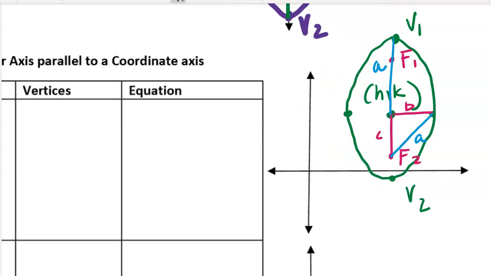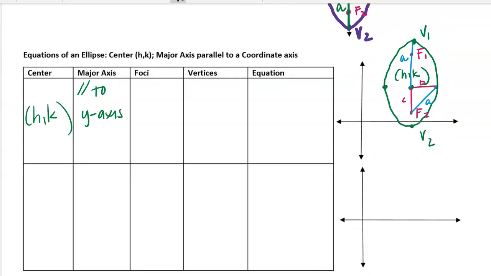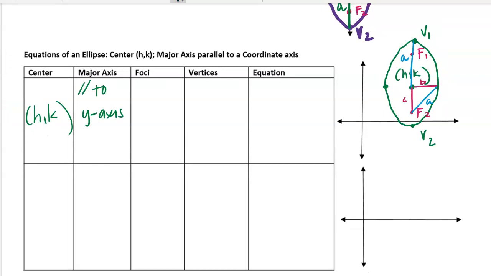All right. Remember, just like the parabolas, I said don't memorize these. Try to visualize it. We know for sure the center is h comma k, whatever that may be. How do we write the ordered pair for the foci? What are we changing, x or y? The y, right? So would you agree that h stays the same?